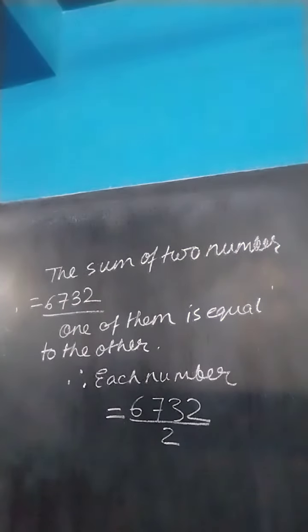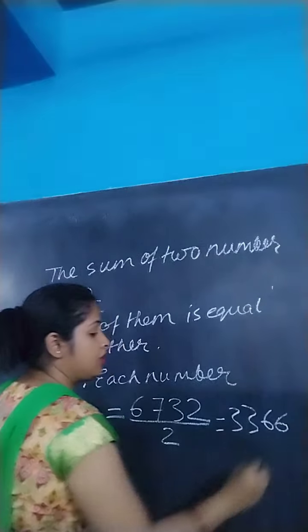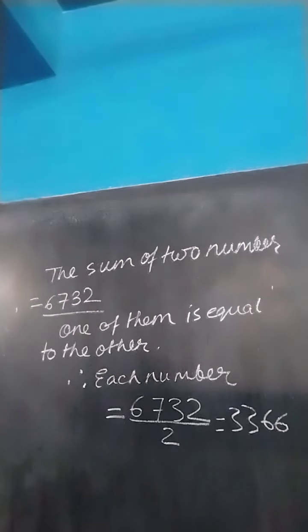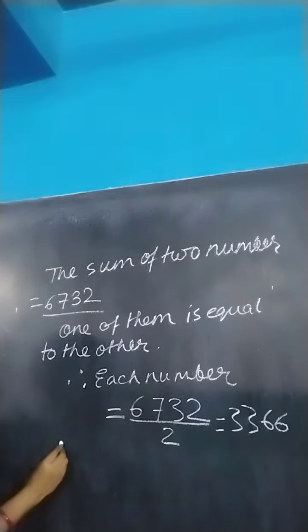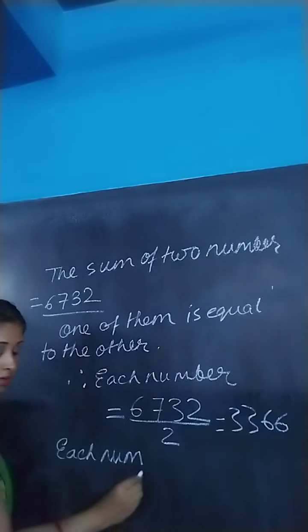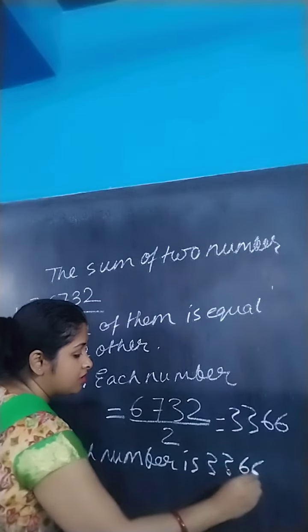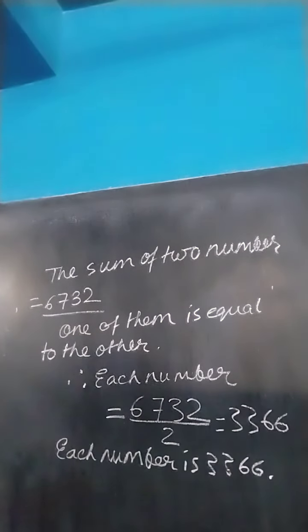You will do this division and you will get 3366. So each number is 3366. One number is 3366, another number is also 3366. This is how we will solve the first sum.